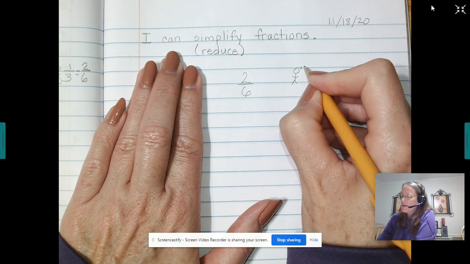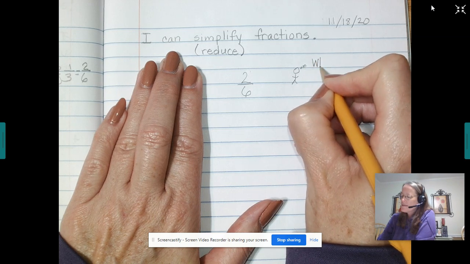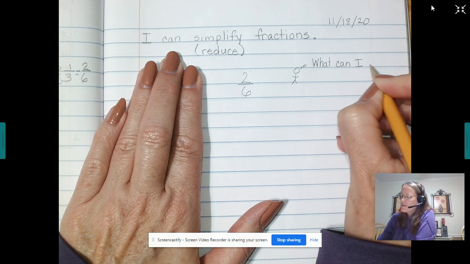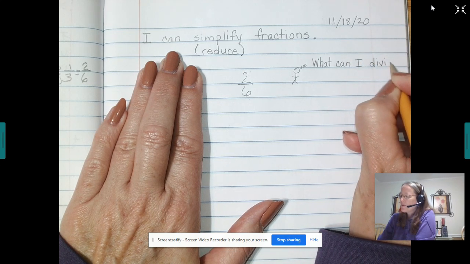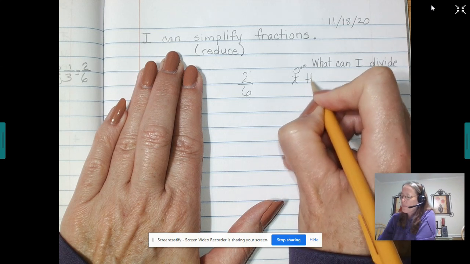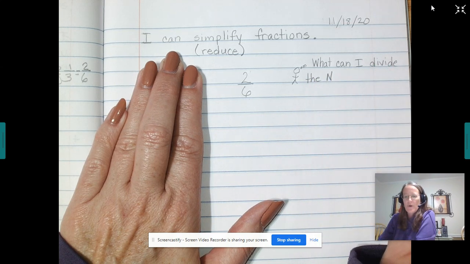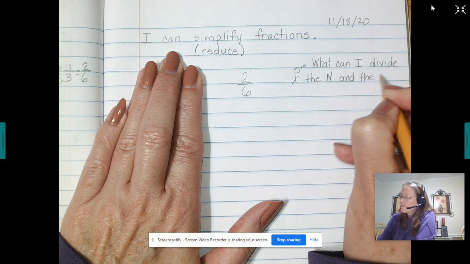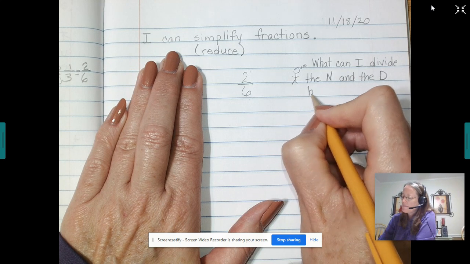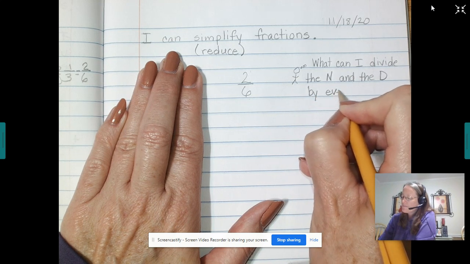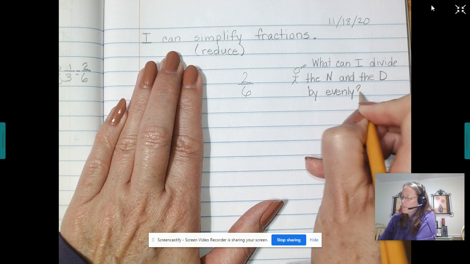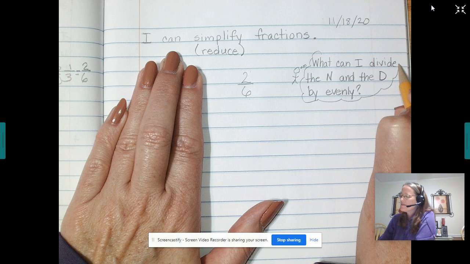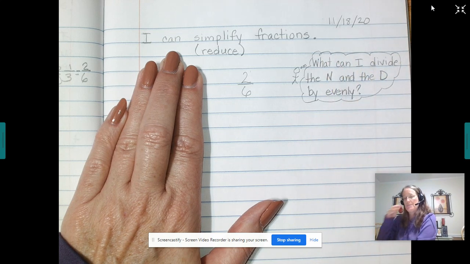And he's going to be thinking, what can I divide the numerator, and I'm just going to put an N for numerator, and the denominator by evenly? What can I divide the numerator and the denominator by evenly?